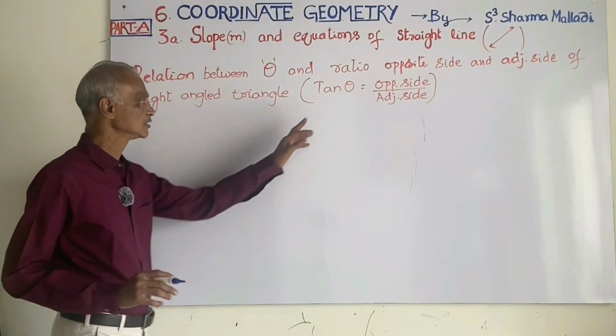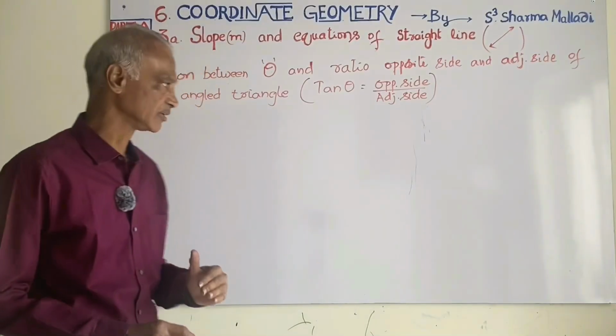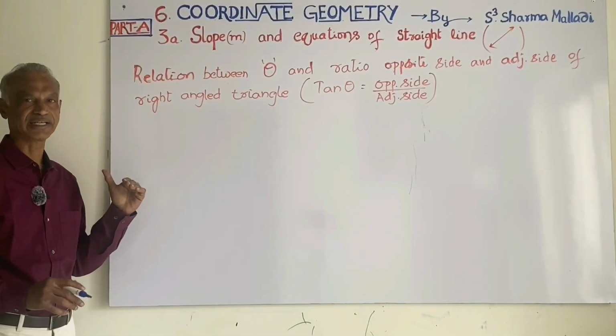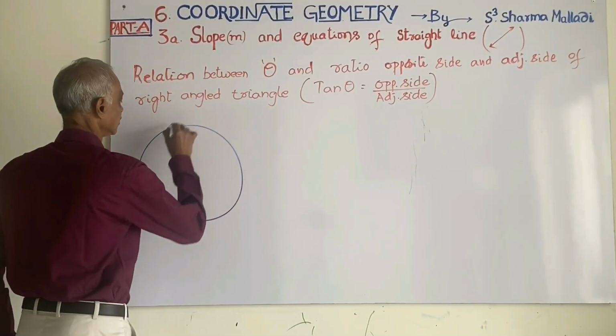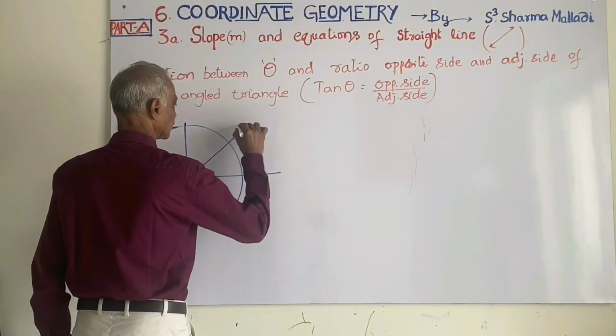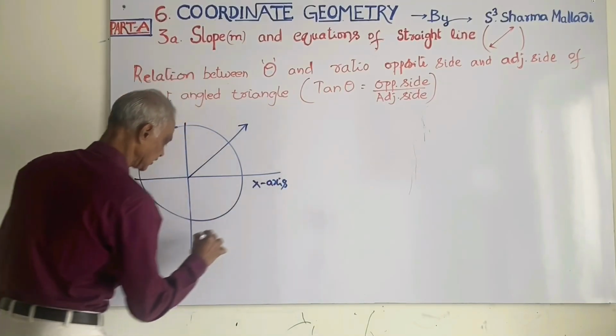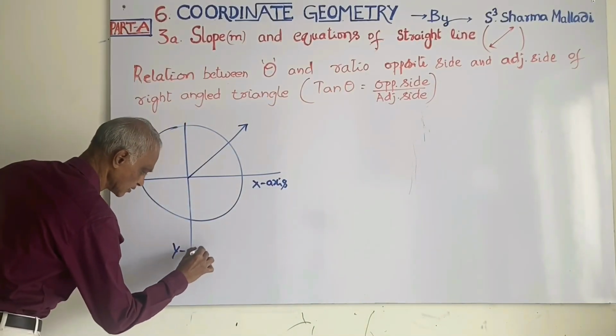First you should know this is tan theta is equal to opposite side over adjacent side. First you should know about the right angle triangle. This is the x axis and this is the y axis.